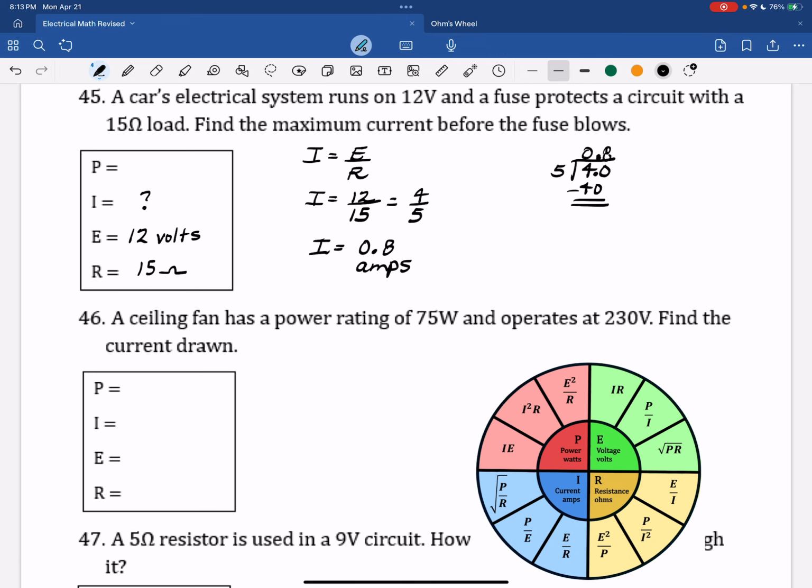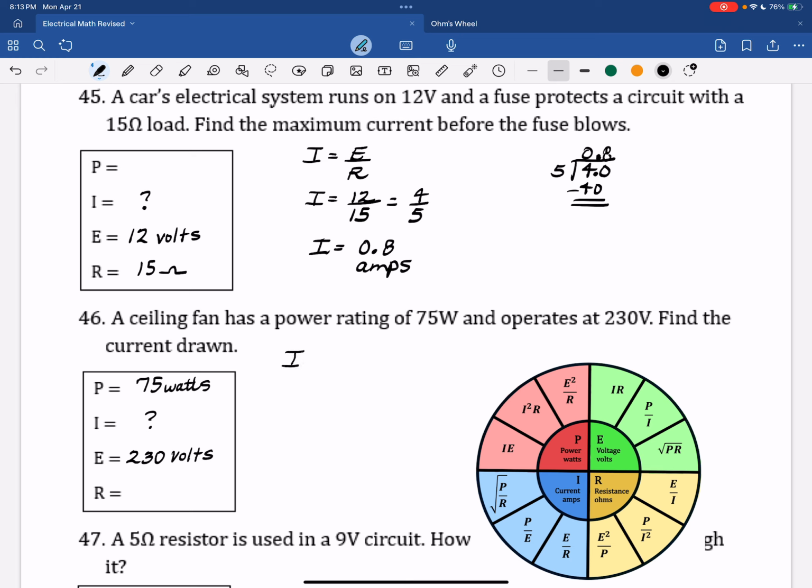A ceiling fan has a power rating of 75 watts and operates at 230 volts. Find the current drawn.